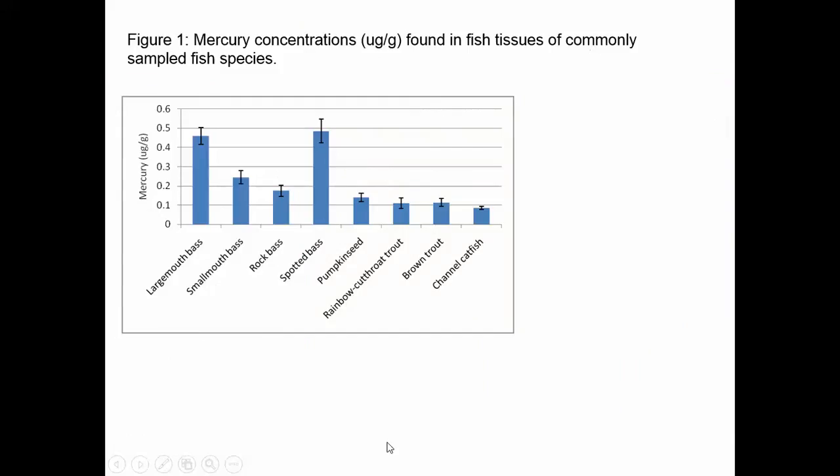So here were mercury concentrations found in the fish tissues of the commonly sampled fish species. These are error bars. It's basically one standard deviation away from the mean. The United States EPA criteria for human health is right here at 0.3 micrograms per gram.